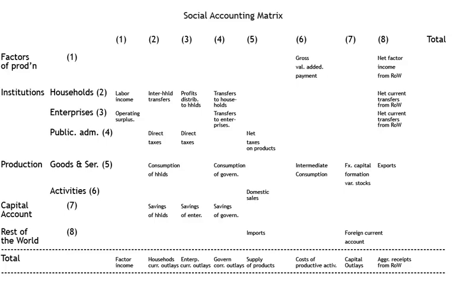So what you have to keep in mind is the fact that in columns you have outlays, and in rows you have revenues. So for example, if I take the case of direct taxes, this cell, you have to look above this cell at the top of the column 3. This is enterprises.